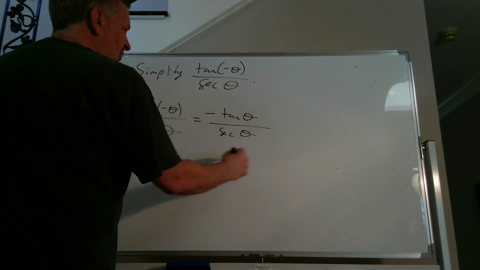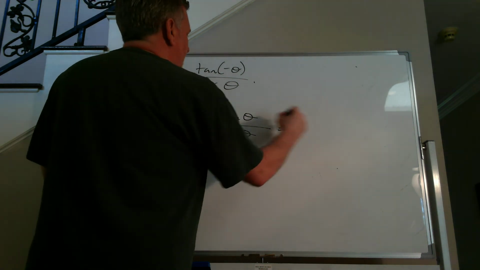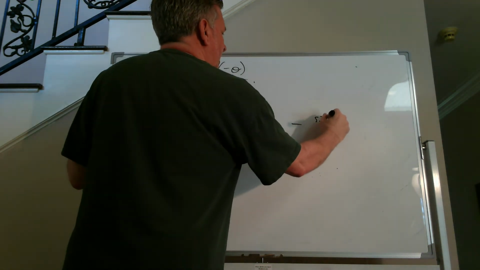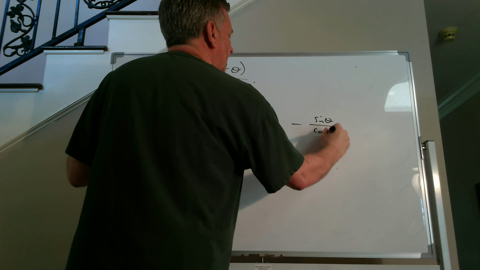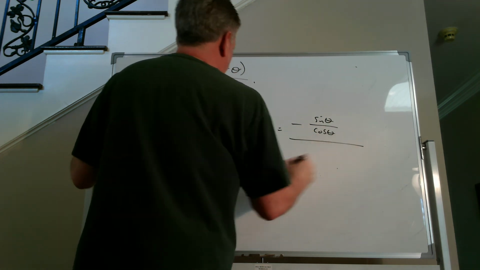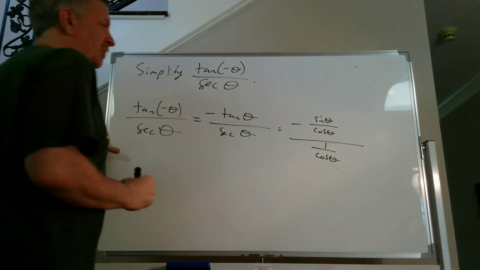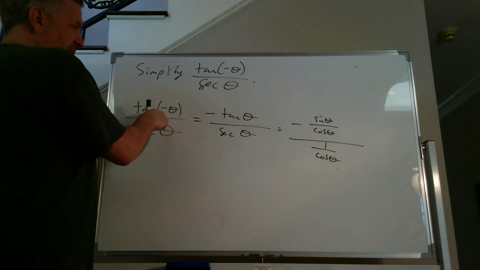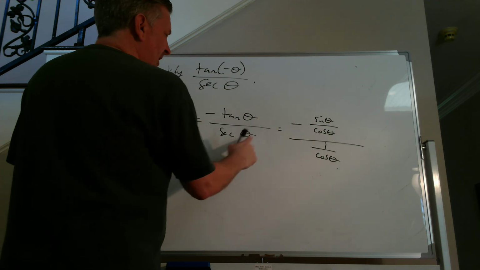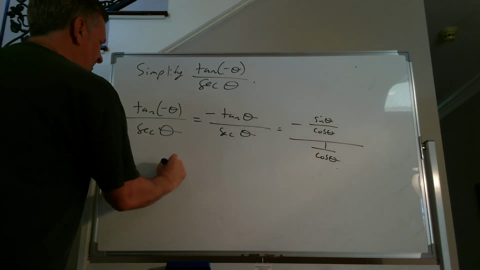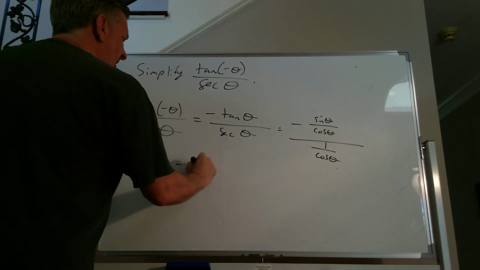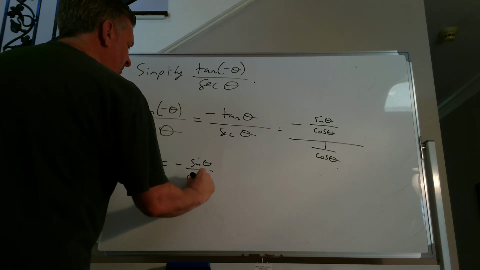Now I think changing to sines and cosines makes sense. So tangent is sine theta over cosine theta, over, and then secant theta is 1 over cosine theta. So again, that's a quotient identity and a reciprocal identity. And to divide by a fraction, I'm copying the numerator here.